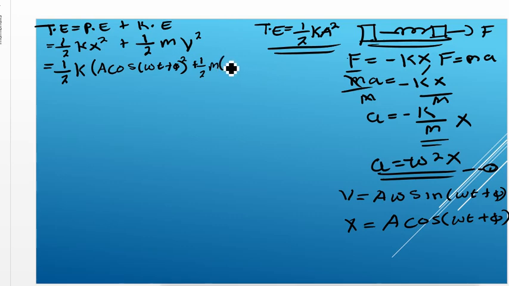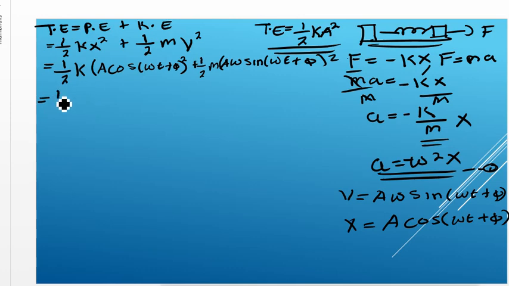So it's going to be A omega sine of omega t plus phase, squared.